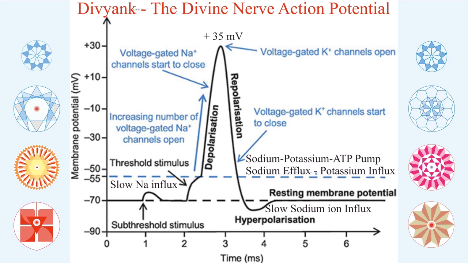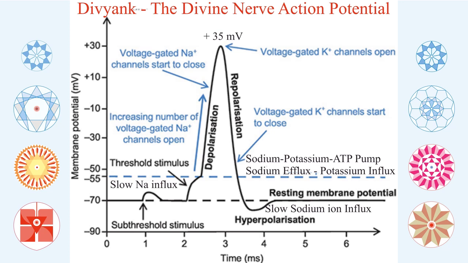Now, although in this picture it is marked that the door closes, it does not. Sodium continues to go in till it reaches a supersaturated solution. No more sodium can go. The very moment sodium stops, instead of plus 30 millivolts, it is plus 35 millivolts. Here again I'll bring something for you to appreciate the application of Divyank.